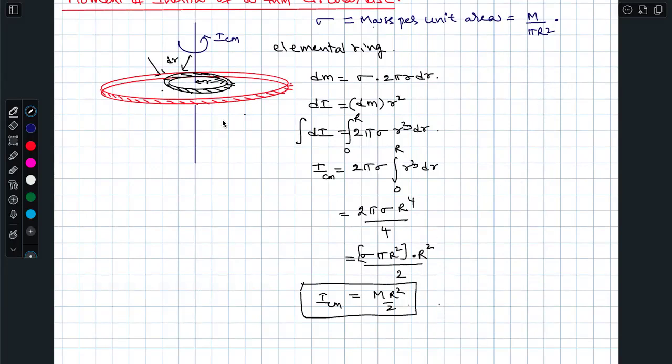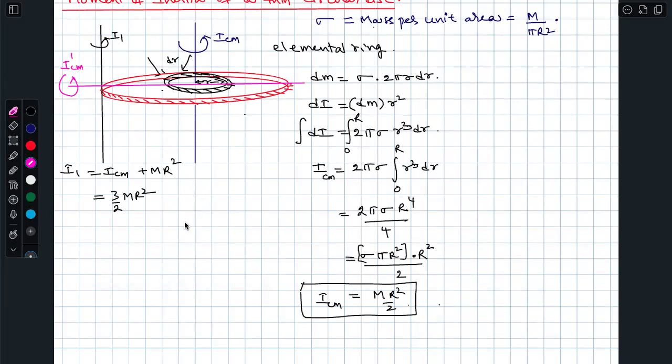Now the question is, if I imagine another parallel axis and if it is I1, clearly I1 is equal to ICM plus M r square. This will become 3 by 2 M r square. Now you imagine a diametric axis. This is the diametric axis ICM dash. Apply the perpendicular axis theorem.